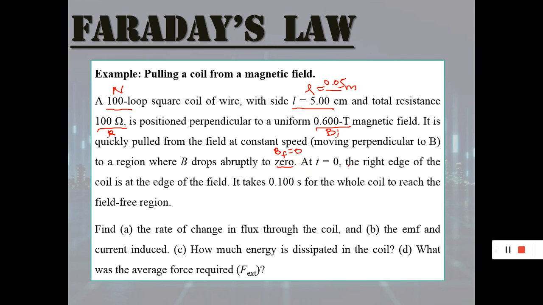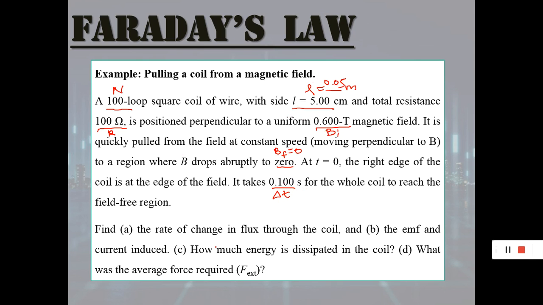At t equals 0, the right edge of the coil is at the edge of the field. It takes 0.1 second for the whole coil to reach the field-free region, so this is the change in time, 0.1 second. So you have a few parameters here: N, L, R, B initial, B final, and the time.